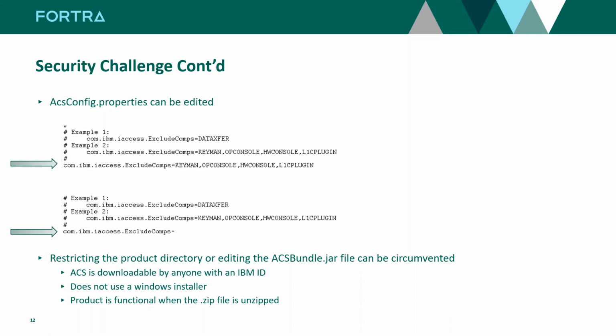It can be exercised right out of the zip file once it's unzipped. And of course, if they did want to run the installer, it doesn't use the traditional Windows installer.